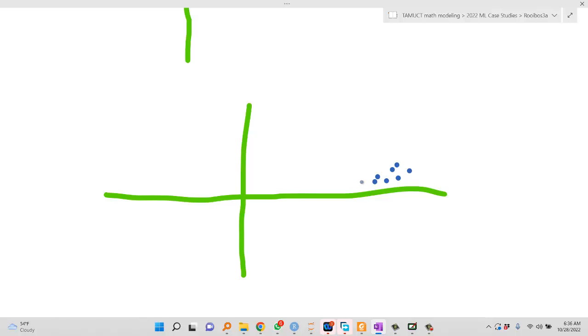I shouldn't have started out so far. Let's make it easier for myself. Unfortunately, it's not passing directly through the center. It's okay. This is going to be a little bit distorted, but we'll see how we can make this work.